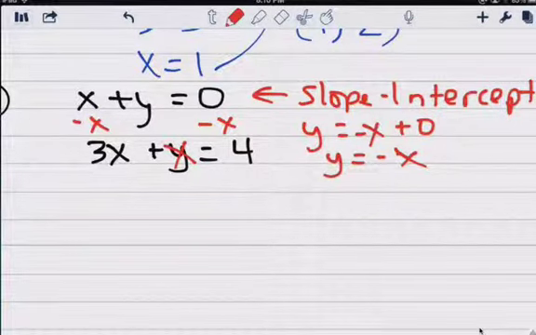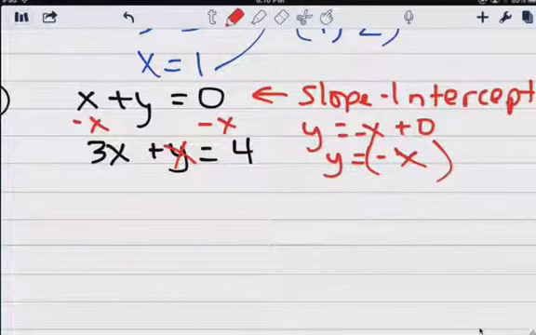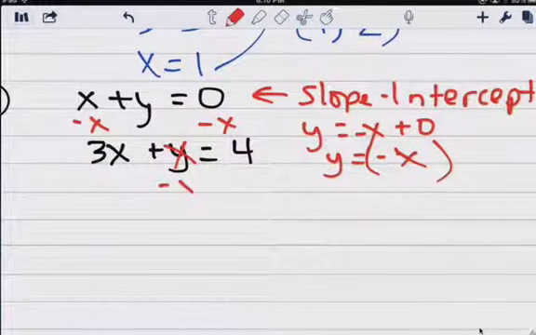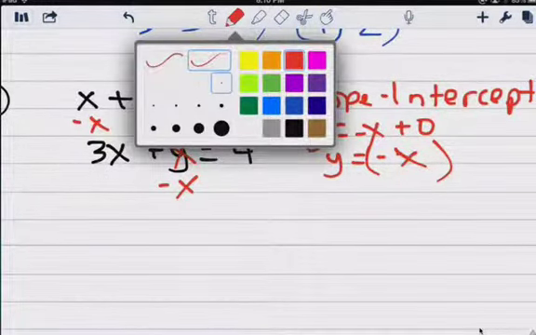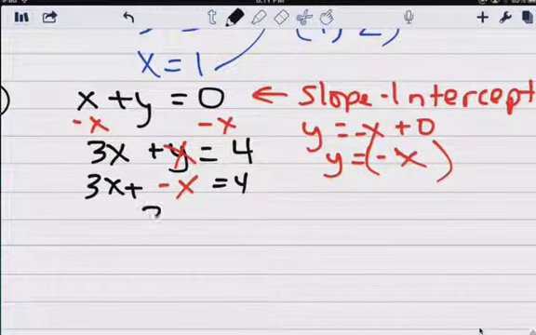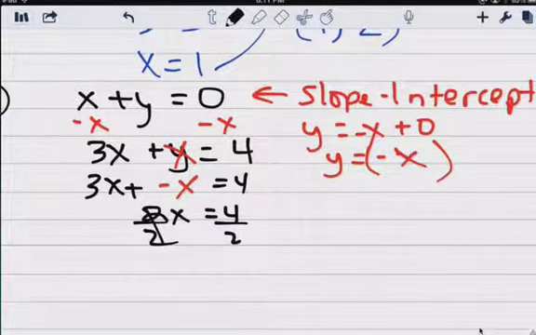So for y, I substitute in negative x right there. So I got 3x plus a negative x equals 4. That gives me 2x equals 4. Divide by 2. X then equals 2.